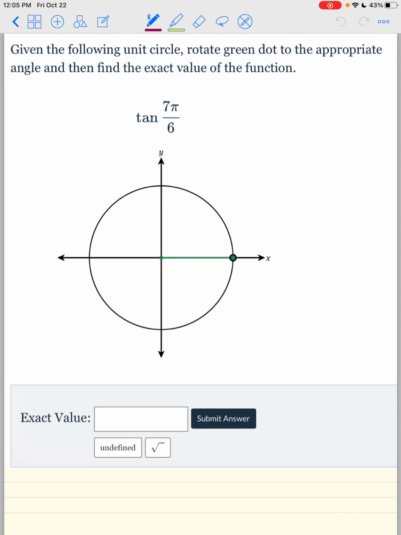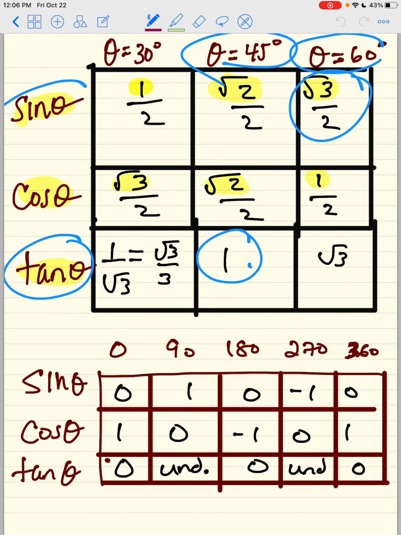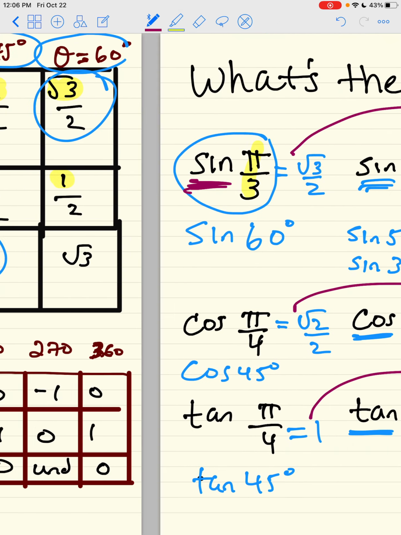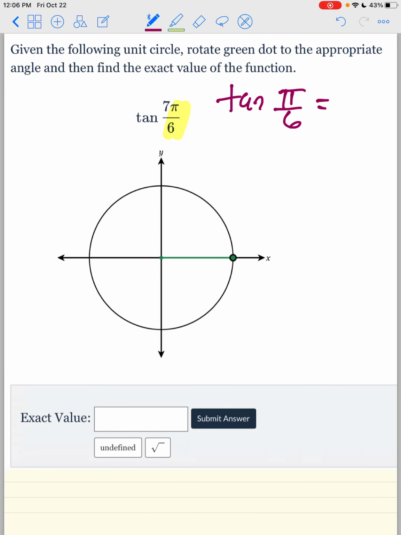So what about this one here? I don't care about 7 pi over 6 right now. I only care about extracting that reference angle. Pi over 6 is 30 degrees. I'm going to go to my chart. Tan of 30. That's why this chart is so important. It's radical 3 over 3. So that means my answer is radical 3 over 3.